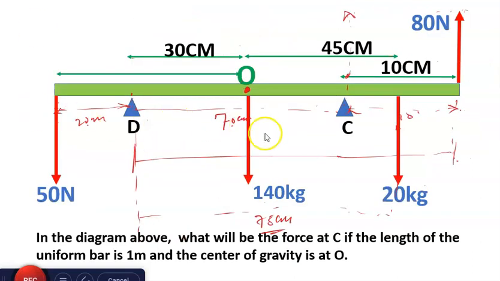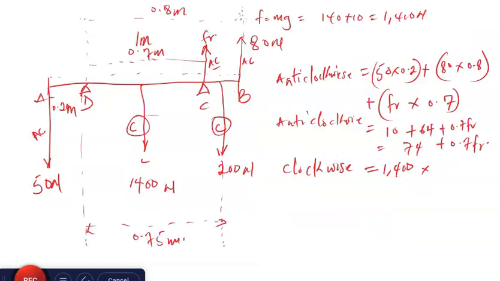Let's get back to our diagram. That must have been an omission. Okay, it's stated it's 30 centimeters. So here, the perpendicular distance is 30 centimeters, that's 0.3 meters. That's 1400 times 0.3 meters.